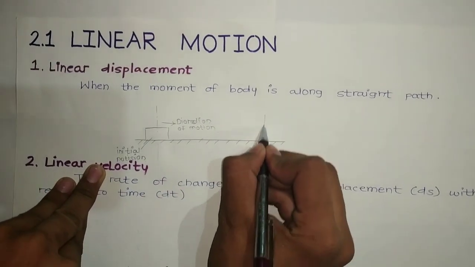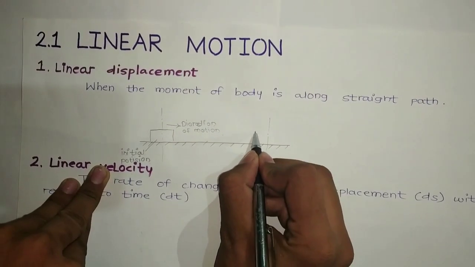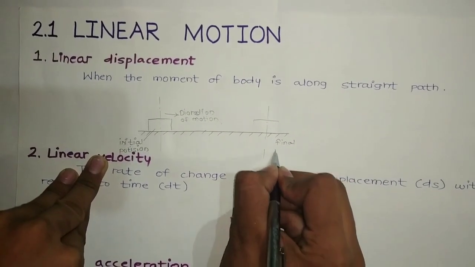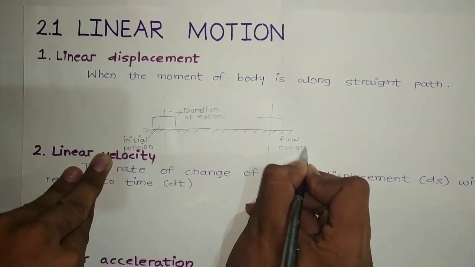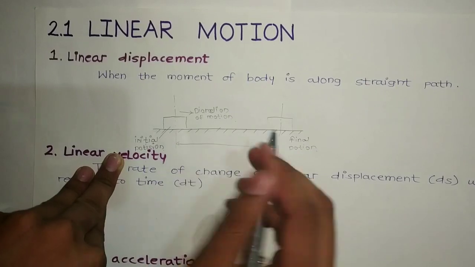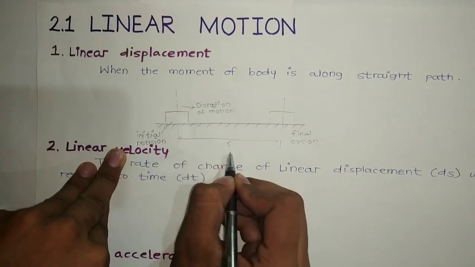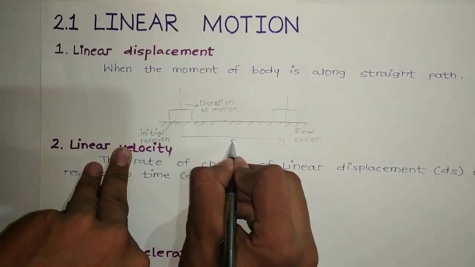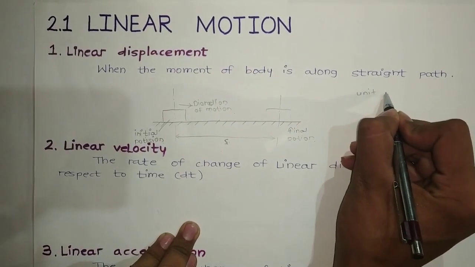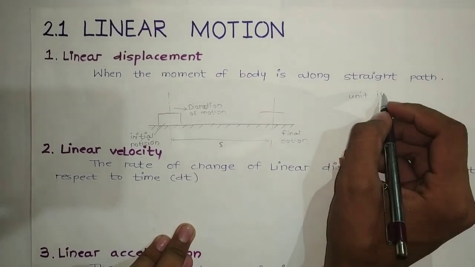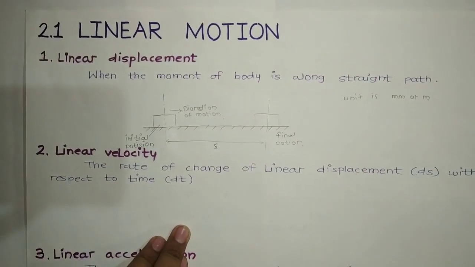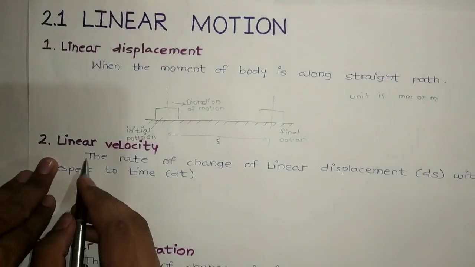There is the final position of the body. And this distance between the initial and final position is called the linear displacement. It is denoted by the letter S. And you know friends, the unit of linear displacement is mm or meter.